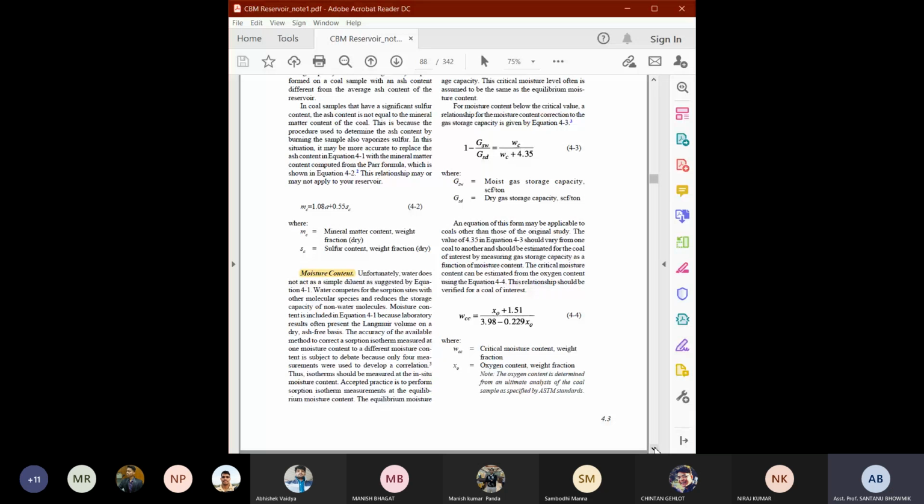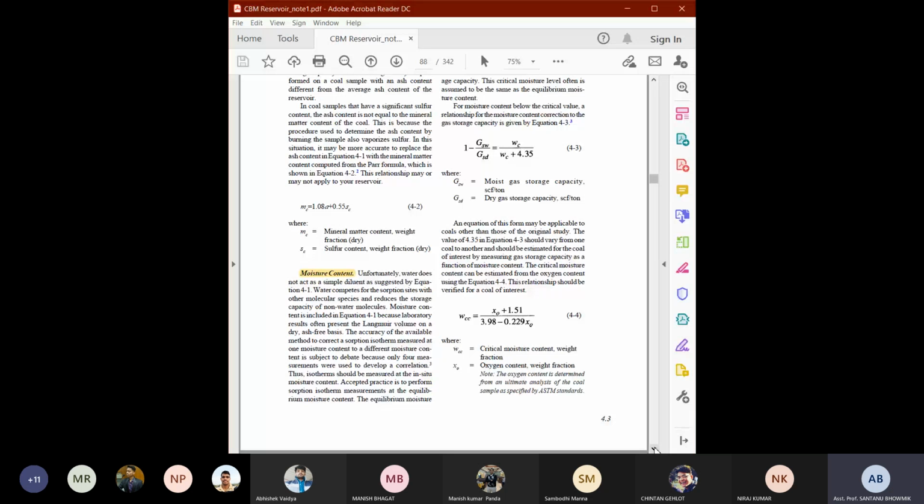Otherwise, if we take the coal sample without wrapping to the surface, some of its inherent moisture is going to escape into the atmosphere. Okay, it is venting out. So in that case, when you test it in the laboratory experiment, you will find that sometimes the moisture is coming as 3%, but this 3% was not the actual one.